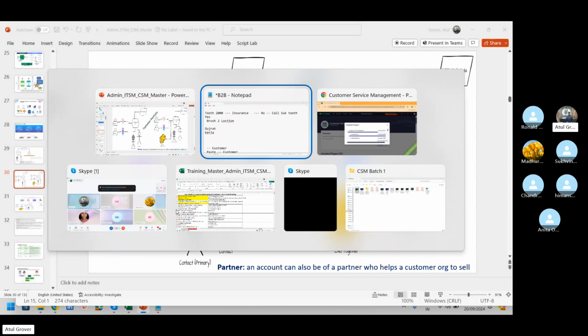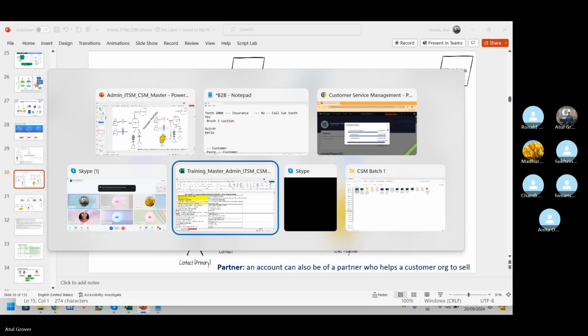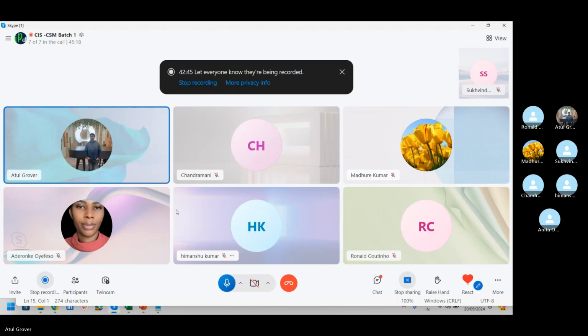Now let's take the example of Taj Hotel. In how many locations do they have branches? Atul, multiple locations, right? It's not only in Mumbai. It is outside India as well.